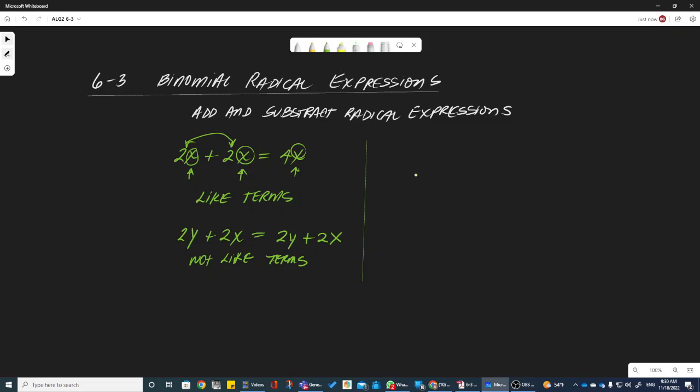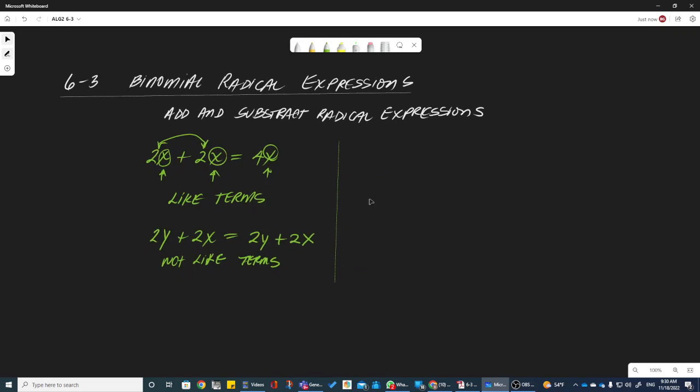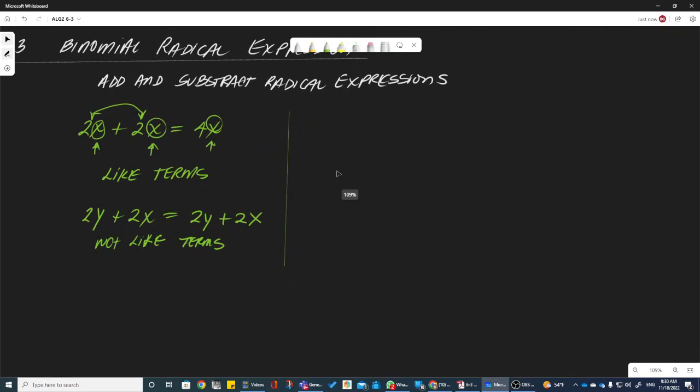But now we're talking about radicals, okay? And if you recall from previous classes, a radical will have the radical symbol and then whatever's inside.